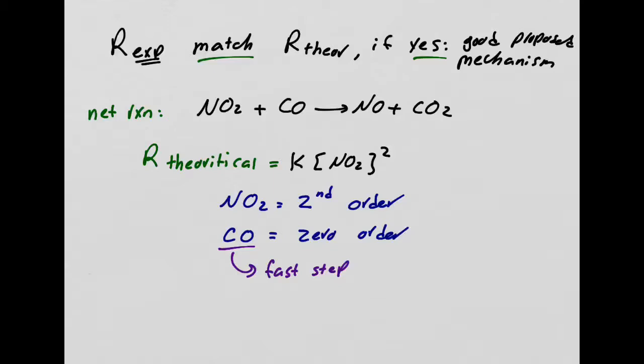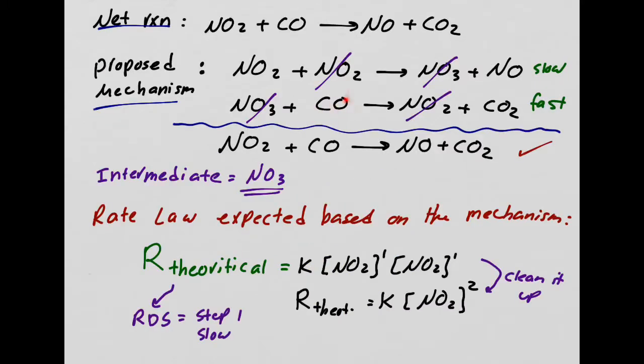So NO2, based on this, is second order. And carbon monoxide, which is one of the reactants, doesn't even show up in this rate law. If it doesn't show up, that means the order is 0. Does it make sense that the order is 0? It does, because when the order is 0, it does not affect the rate. This is a good example of why 0 order doesn't affect the rate: carbon monoxide is part of the fast step.